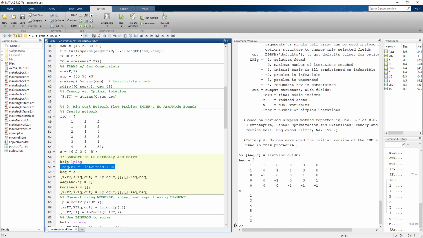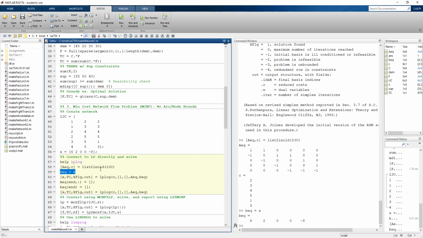And in linear programming, this incidence matrix represents the A matrix that can be used directly in a linear programming representation of a network. And then the net node supplies are going to be the right-hand side. And these are defined as A, and I'm using EQ to represent constraints that are going to be equality constraints.